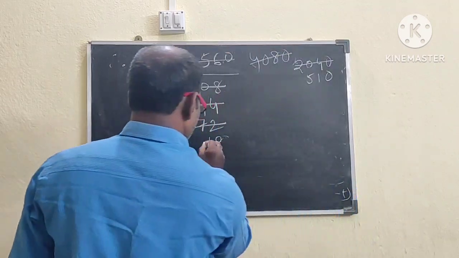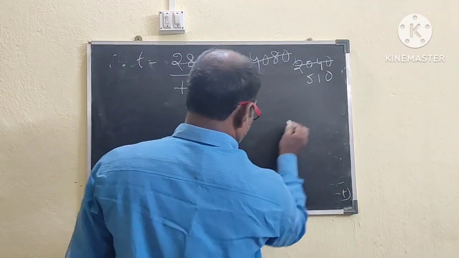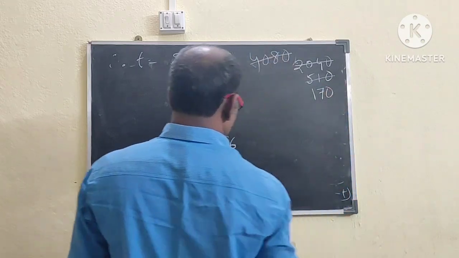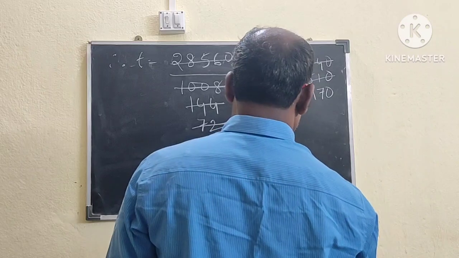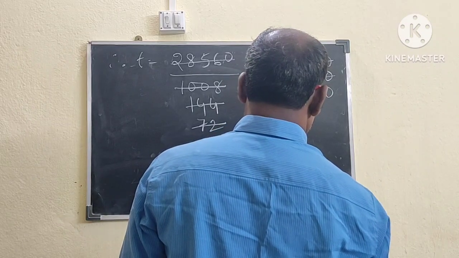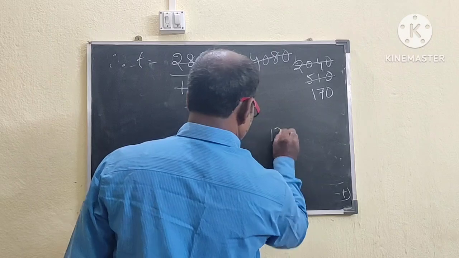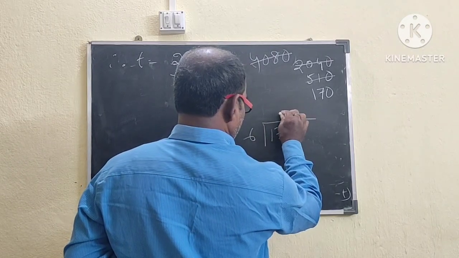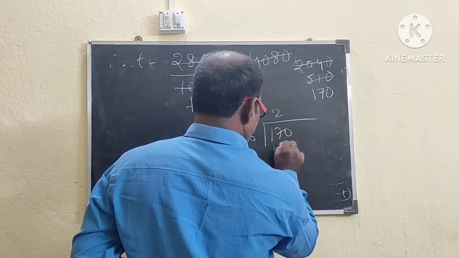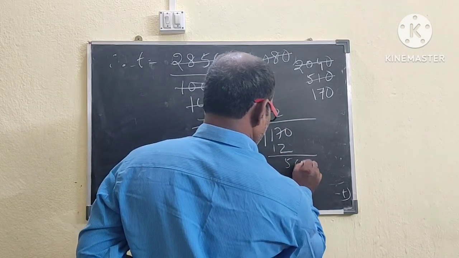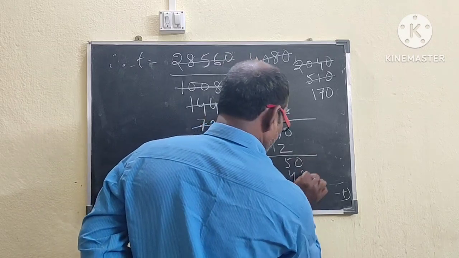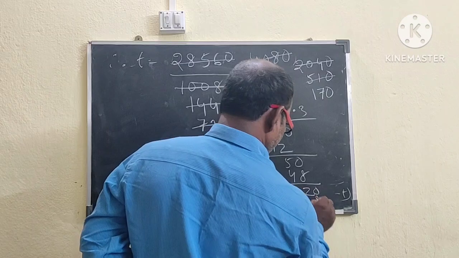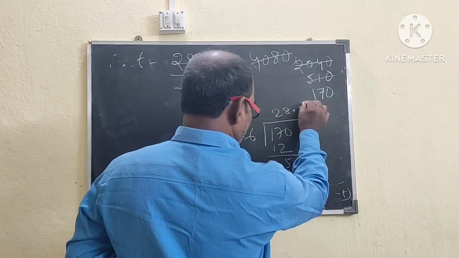Next 3 6s are 18, 3170. Then 170 divided by 6. That means we are getting 6 2s are 12, 6 8s are 48. Again we are getting, so we can write here 28.3 bar.